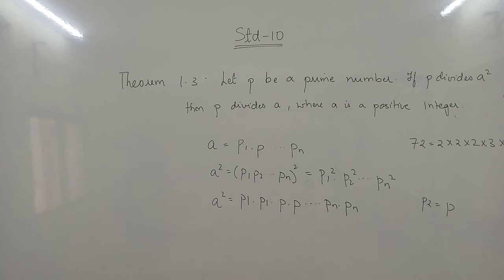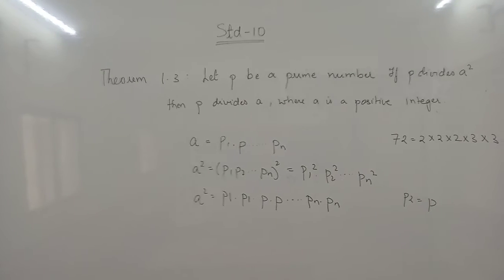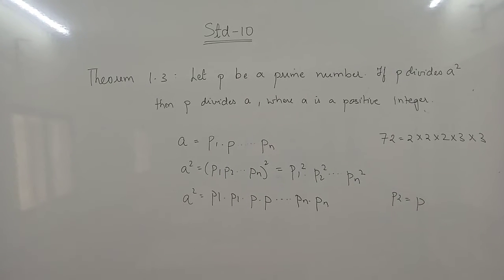So this is the basic fundamental theorem: P is a prime number. If P divides A square, then P divides A also, where A is a positive number. Why have we done this? You will see in a short time. We have done this because we are going to prove that root 2 is an irrational number.